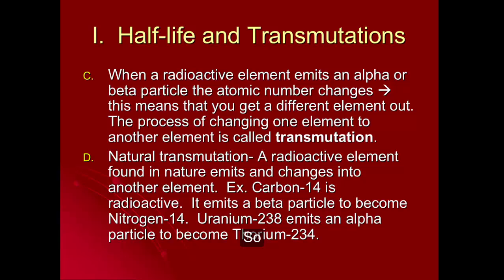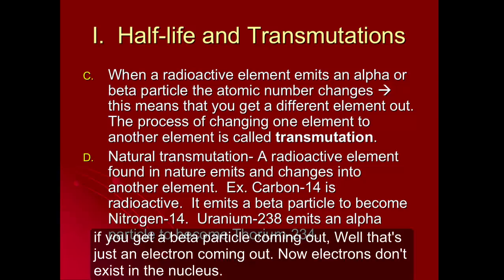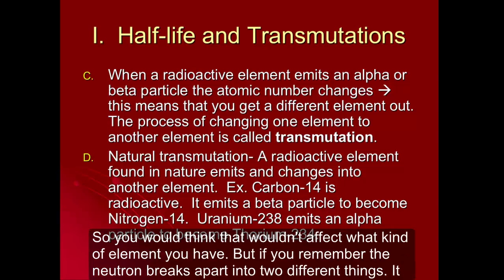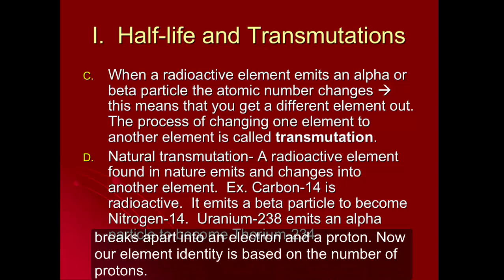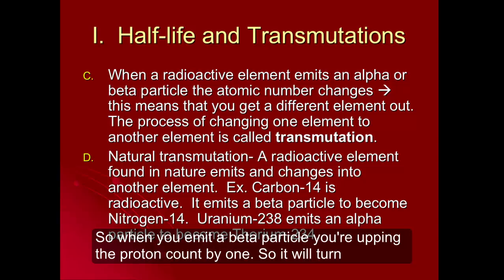If you get a beta particle coming out, that's just an electron coming out. Electrons don't exist in the nucleus, so you would think that wouldn't affect what kind of element you have, but if you remember, the neutron breaks apart into an electron and a proton. Our element identity is based on the number of protons, so when you emit a beta particle, you're upping the proton count by 1.